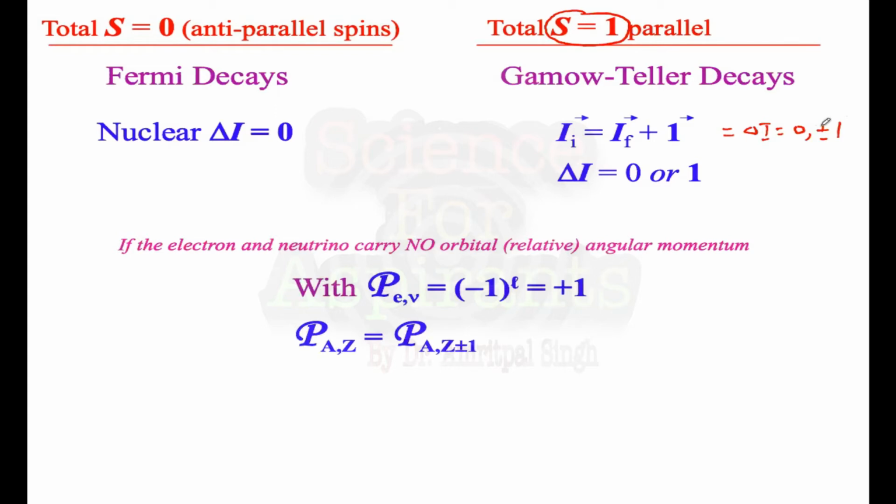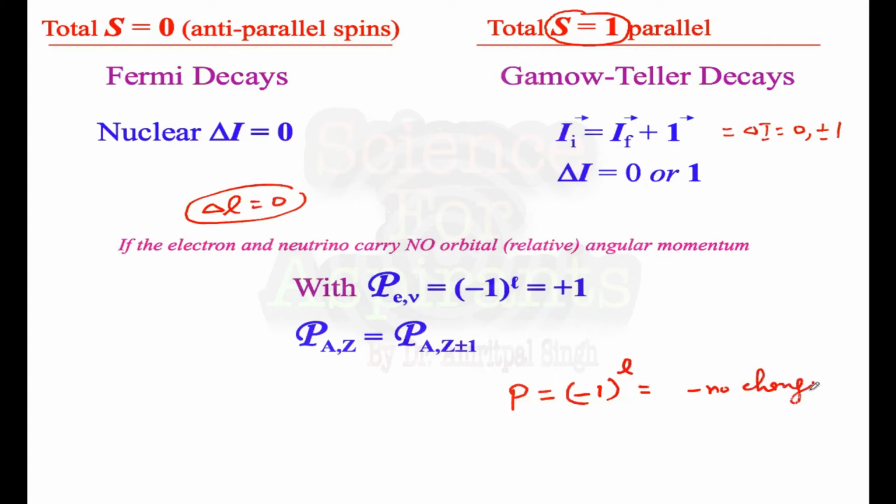In this case, there is no change in parity. Parity we generally find with the value of (-1) to the power L, where L is the change in angular momentum. We know that in the allowed transition delta L is equal to 0. So when there is no change in angular momentum, there is no change in parity.